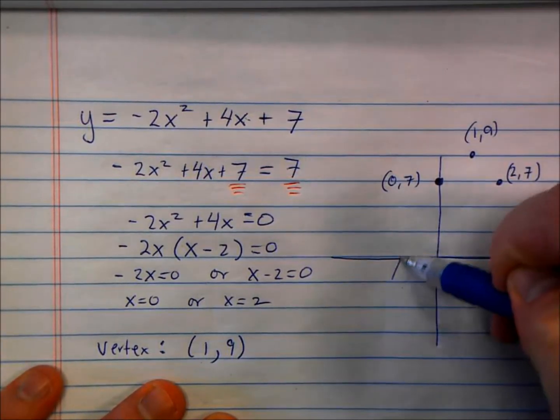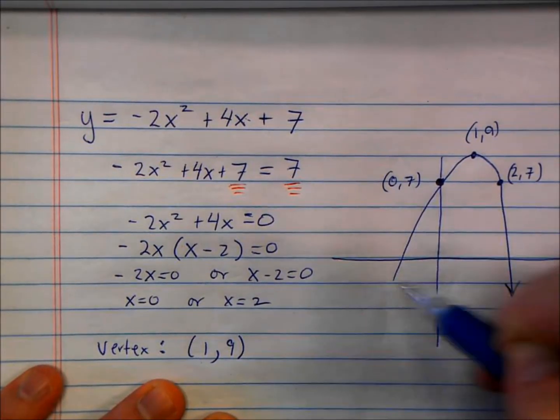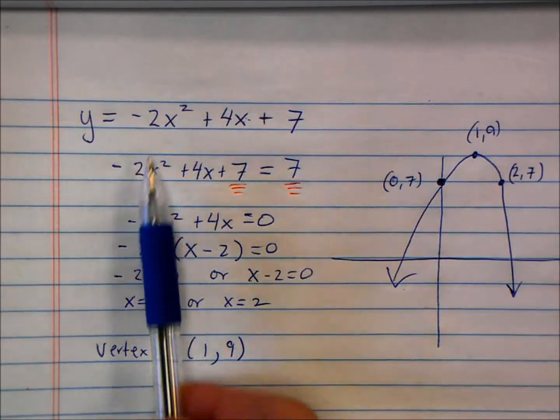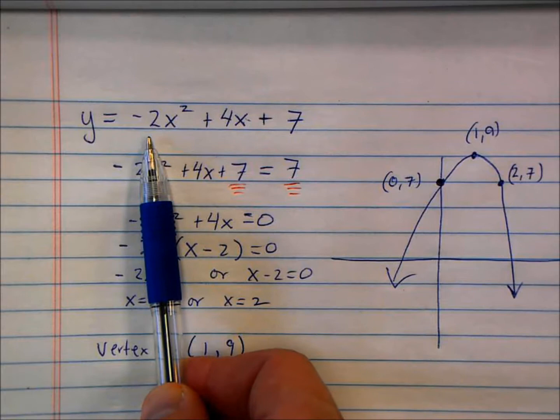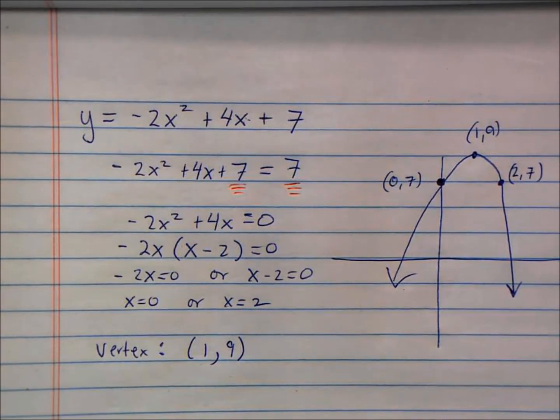And this parabola must go down, doesn't it? Because my vertex is above those 2 points. What made this parabola go down? This first number right here. When this first number is negative, the parabola is going to go down. When that first number is positive, the parabola is going to go up. Questions on that?